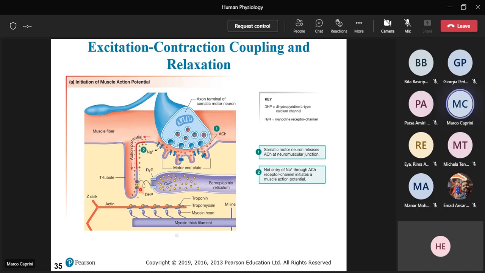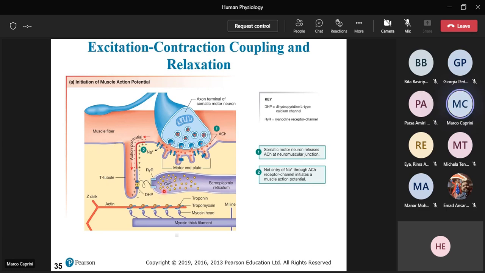The dihydropyridine senses the depolarization and moves this channel, this gate, and opens the gate. So the calcium can move from the sarcoplasmic reticulum to the cytoplasm.